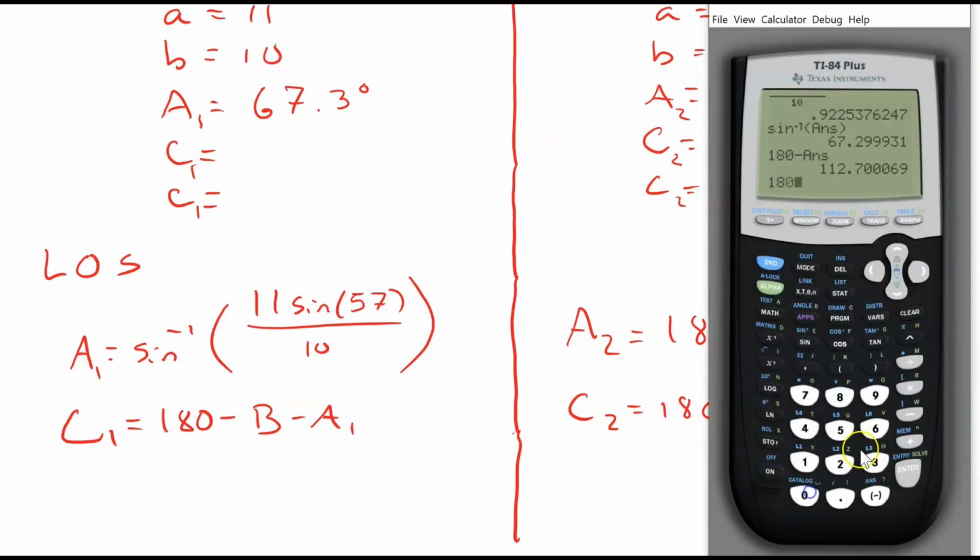So 180 minus 57 minus 67. That's 55.7. And then 180 minus 57 minus 112.7 is 10.3.